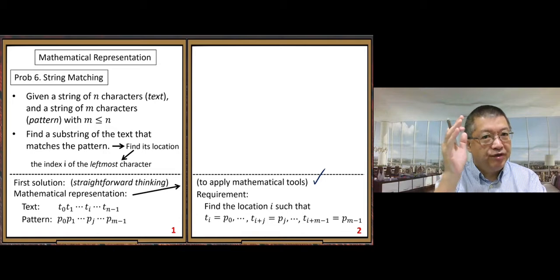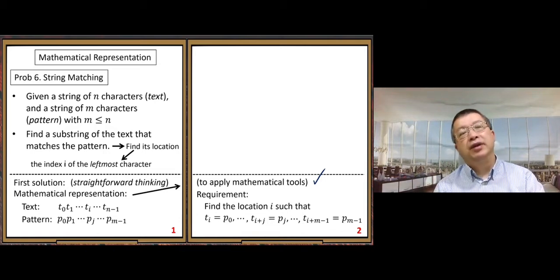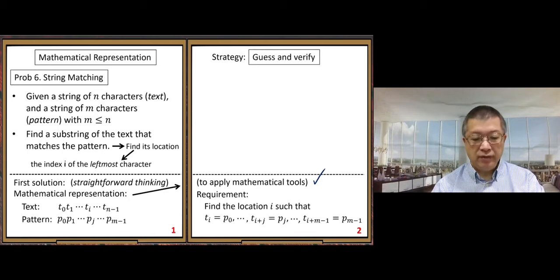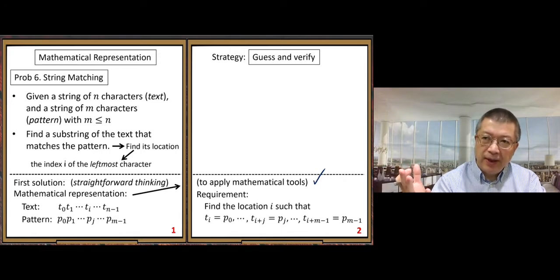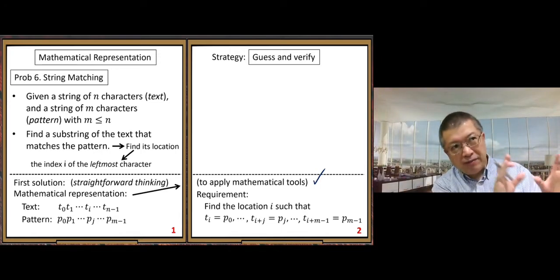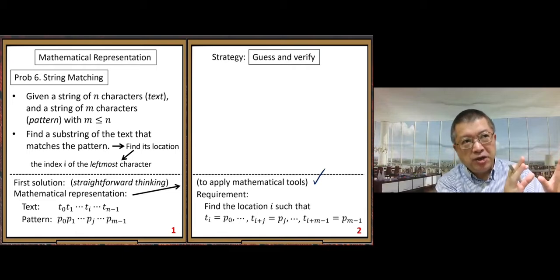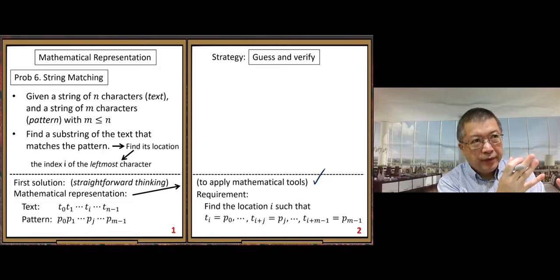Next, first we want to figure out the properties. For this problem, we try to get some useful information. Here, I'd like to introduce a commonly used strategy in problem solving: guess and verify. When you try to find some useful information, at the beginning you can make a guess.